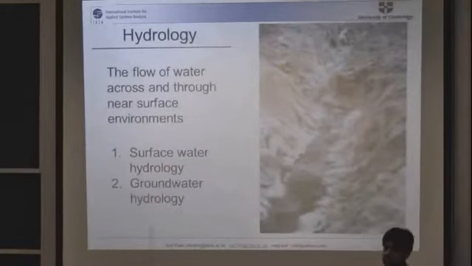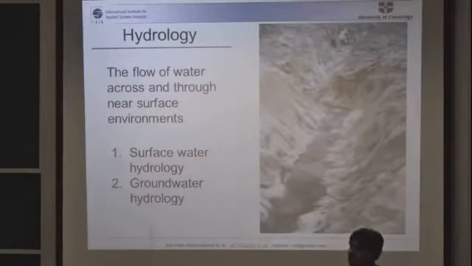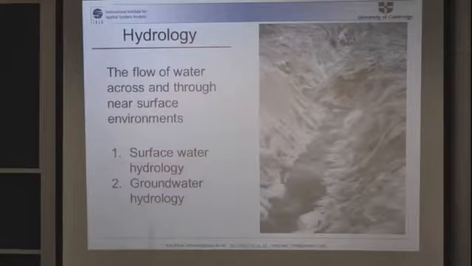Coming back to hydrology, what is hydrology? To make it simple for beginners, it's the flow of water across and through near surface environments. There are two main types of hydrology one can study: surface hydrology and groundwater hydrology.